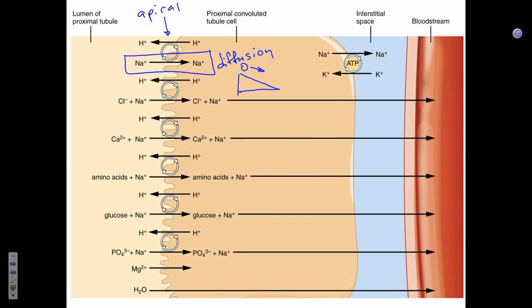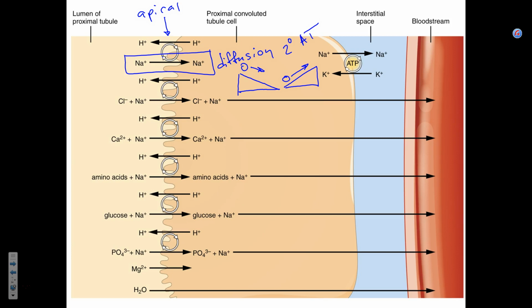There are special proteins that can harness the kinetic energy of moving sodium ions. So that energy can be used to move other compounds against their concentration gradient. Does that make sense? This is called secondary active transport. Are we clear?